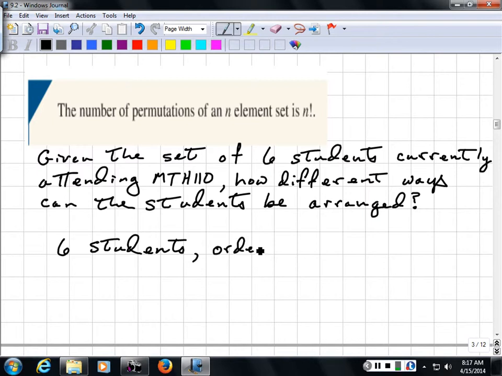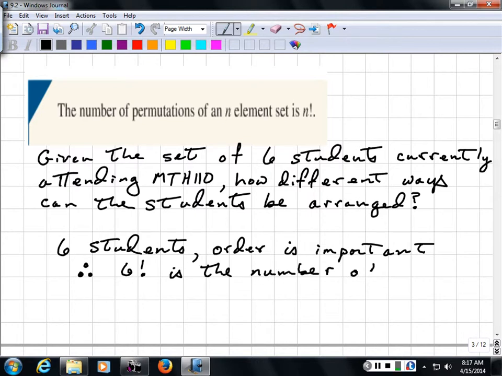Order is important. Therefore, 6 factorial is the number of different arrangements.